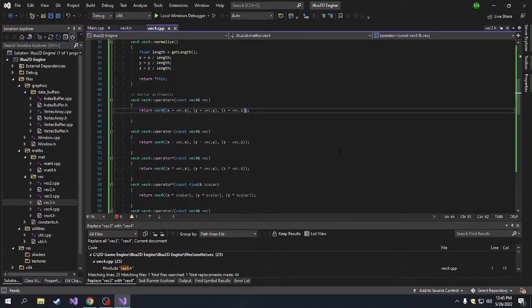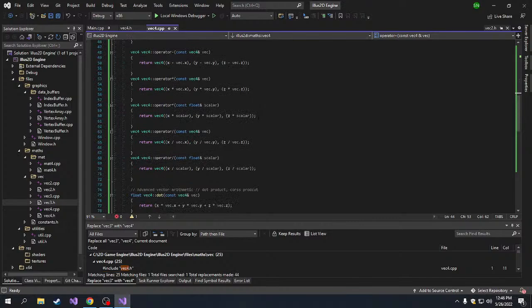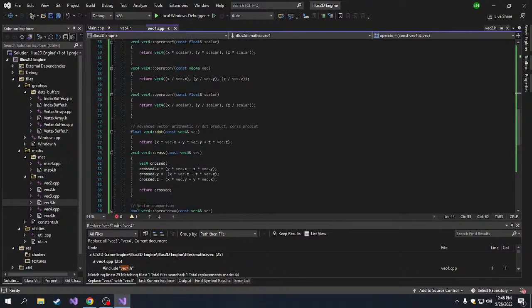If we add two vectors, we add the positions, the actual x, y, z components, but you don't really add the W, I believe. The W is just for the rasterizer, so we don't want to mess with the W at all. So yeah, this is all fine.